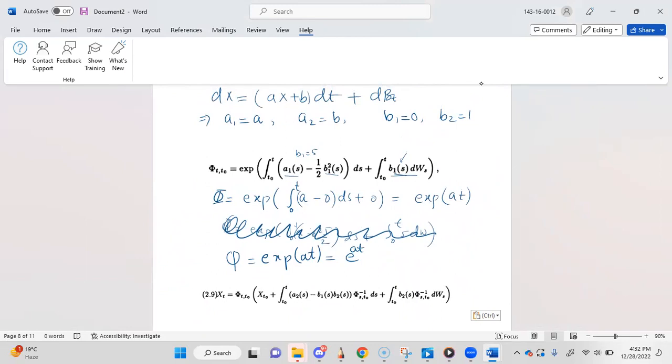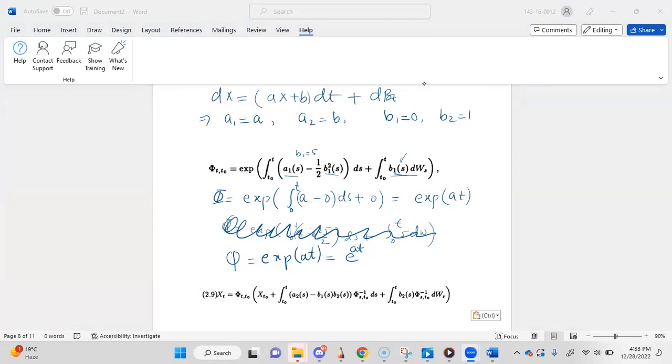Is it e to the at minus 1? Where? No, why minus one? It should either be exponential of at minus 1.